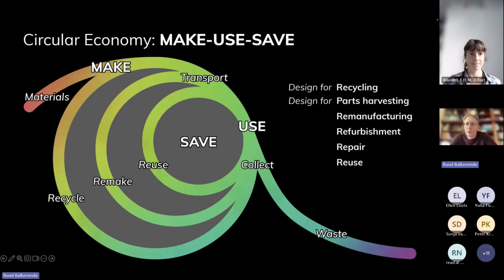We can postpone obsolescence by enabling maintenance, repair, upgradability. And we can reverse obsolescence through refurbishment, remanufacturing, parts harvesting. The main challenge here is how the design can enable multiple life cycles, also for single-use products like packaging, or for products with extremely long lifetimes like wind turbines.